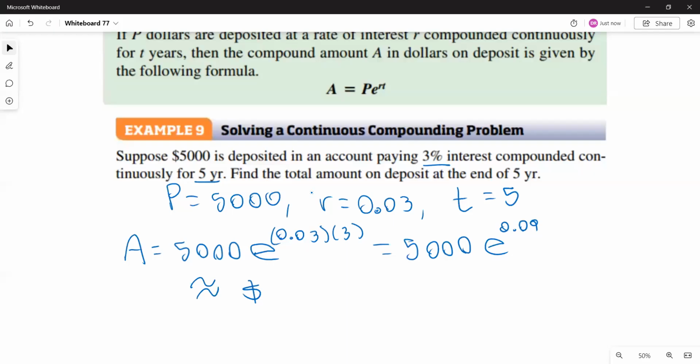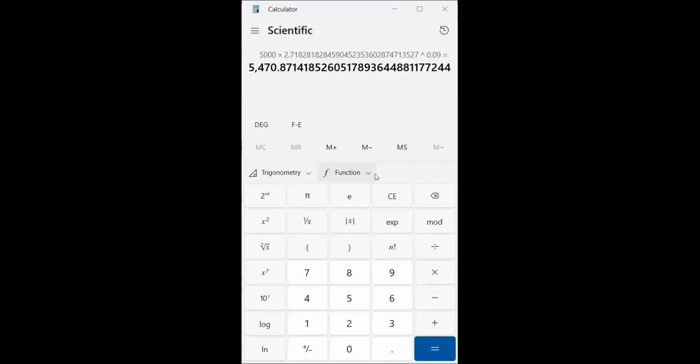This wasn't a 3, that was a 5. So this is 5, and this is 0.15. Okay, so let's try again. Yeah, I was doing it for 3 years. We need to do it for 5 years. So this is 5,000 times the number E raised to the 0.15. And that is $5,809 and 17 cents approximately.